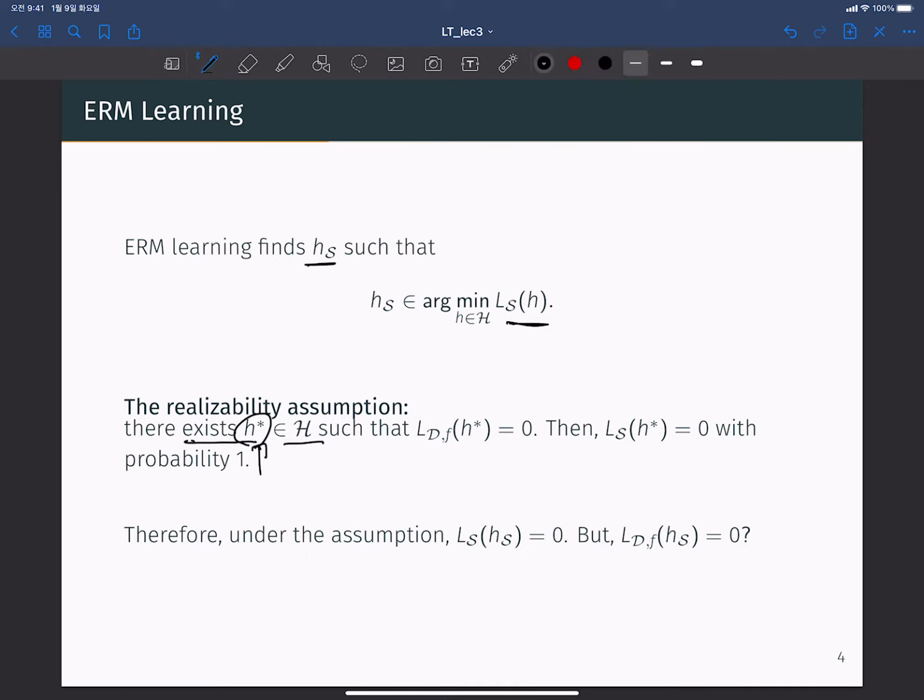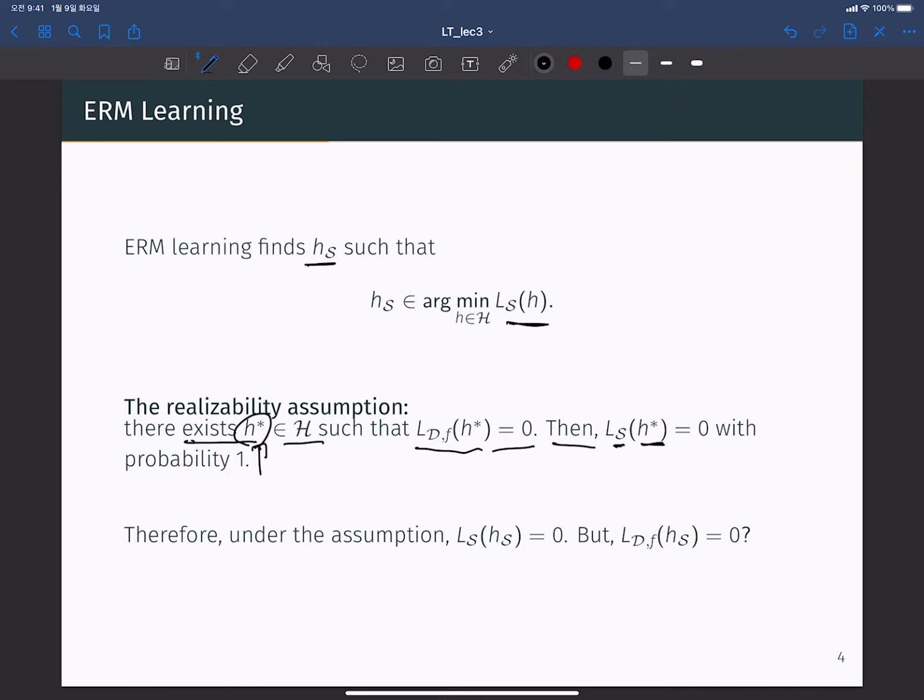So, which means the true test error, the risk with respect to the true distribution D, is equal to 0.